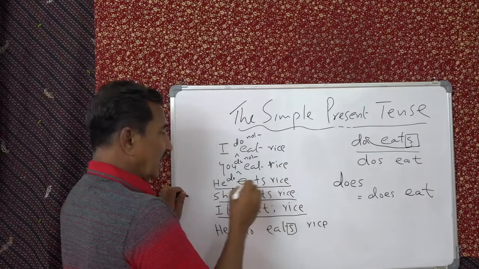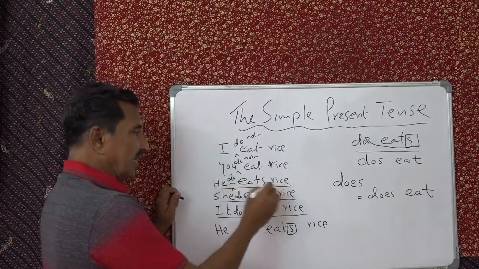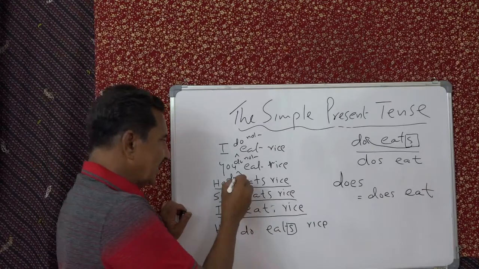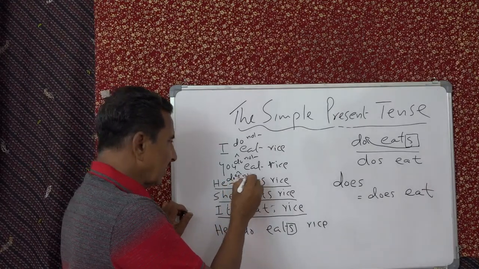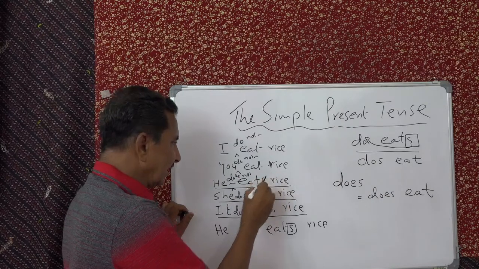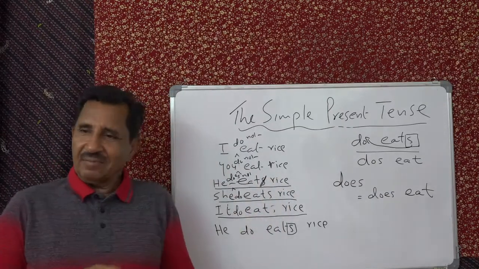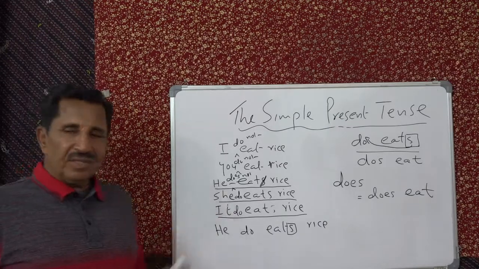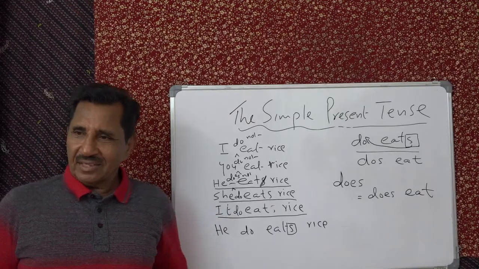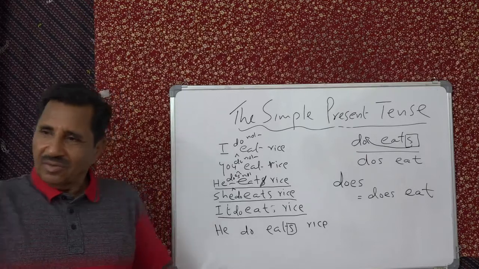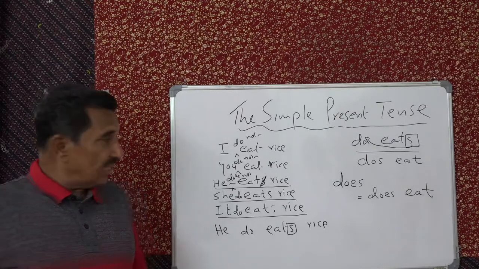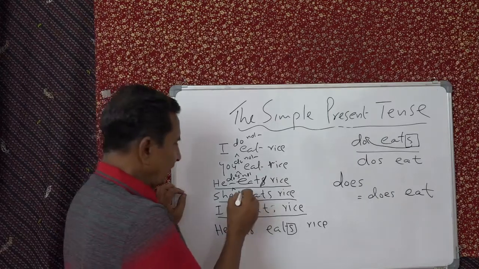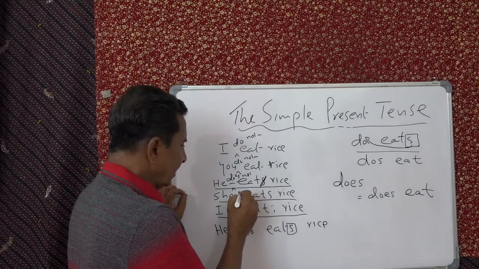He, here, another change: he does not eat. Because the S is taken. We have taken this back to the first word. Understand? So he does eat. There is no S here. Same here: she does not.